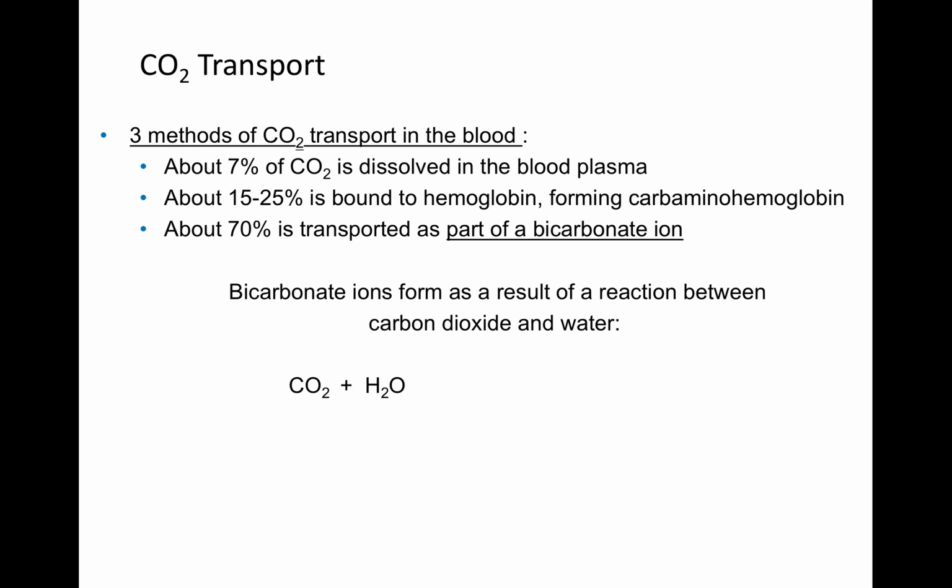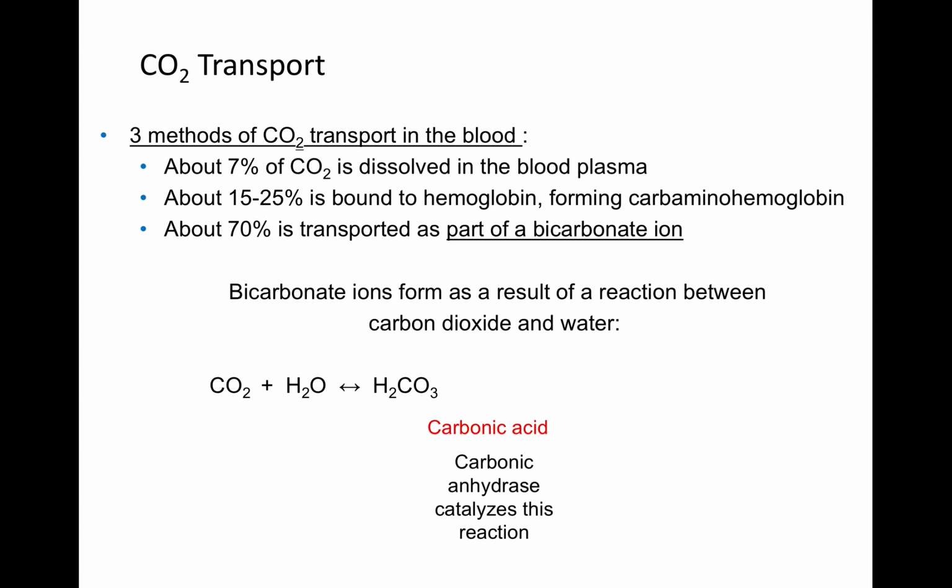So carbon dioxide and water together can react and they'll form carbonic acid, shown here, H2CO3. So this is an acid. And this doesn't happen very quickly in blood plasma, but there's actually an enzyme present in red blood cells called carbonic anhydrase that catalyzes this reaction.